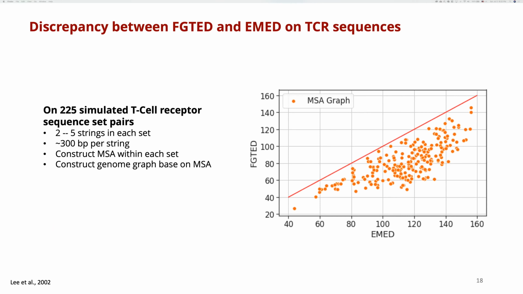In this figure, we show the relationship between FGTED and EMED, where each dot here is a pair of sequence sets and genome graphs corresponding to each set. And the red line here shows the equality between FGTED and EMED. As expected, all FGTED values are smaller than or equal to EMED.